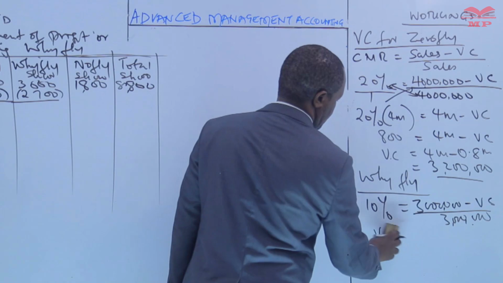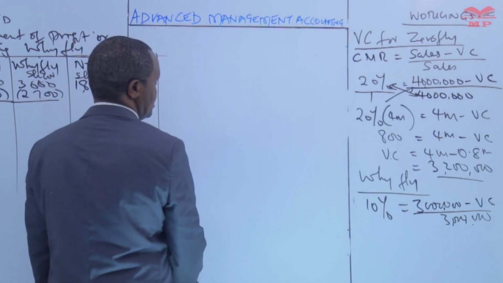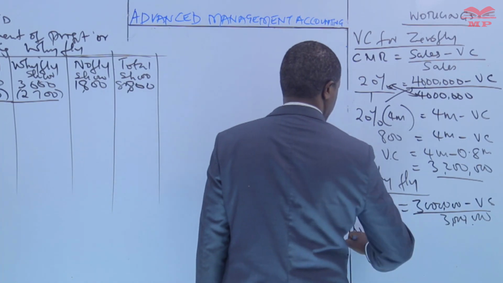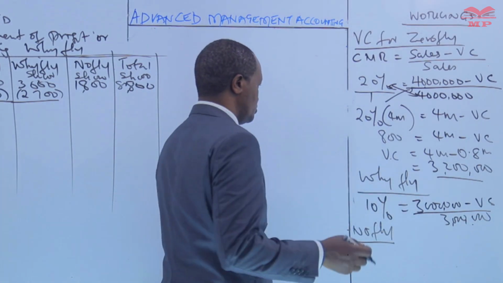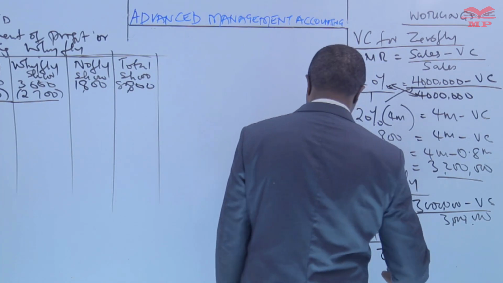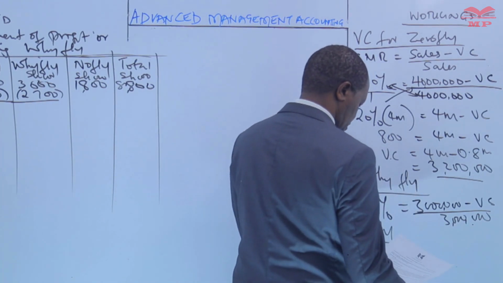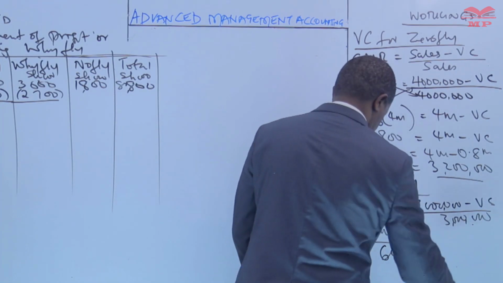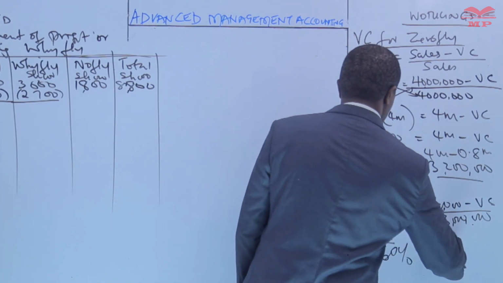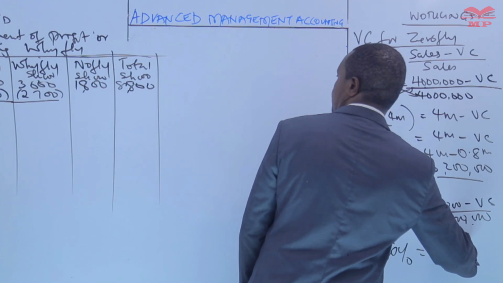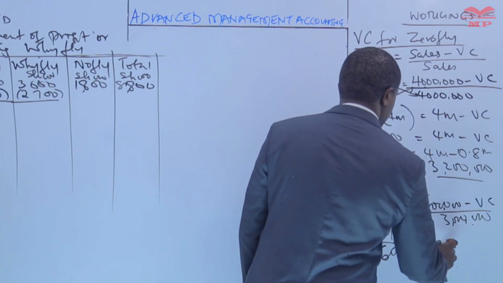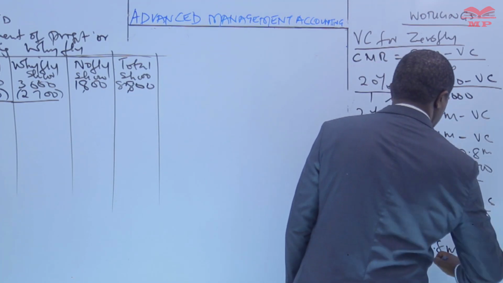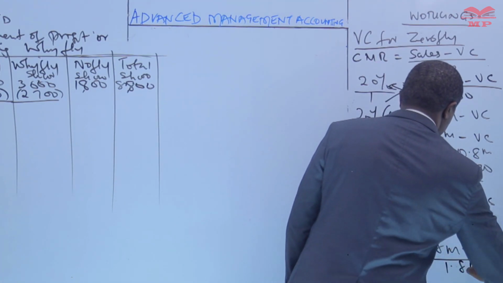We use the same razor blade to calculate variable cost for no-fly. The contribution margin ratio there is 60%. 60% is equal to the sales 1.8 million, minus VC over 1.8 million.